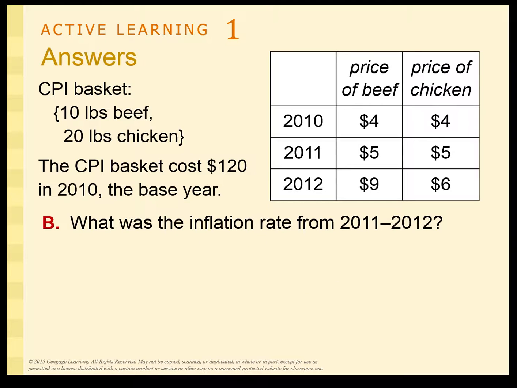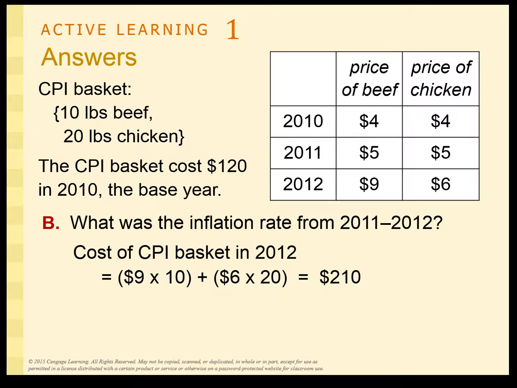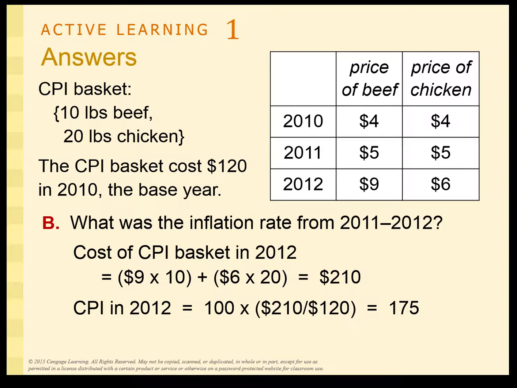All right, let's go ahead and figure out the inflation rate from 2011 to 2012. Let's calculate the cost of the basket in 2012. Okay, it's $210. Now I've got to calculate the CPI in 2012, which I just compare to the basket cost in the base year. So now my CPI is 175.